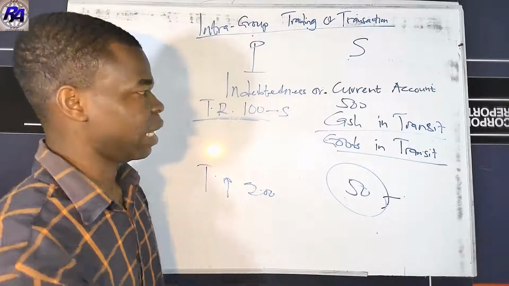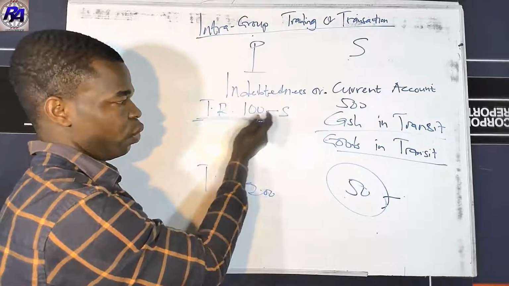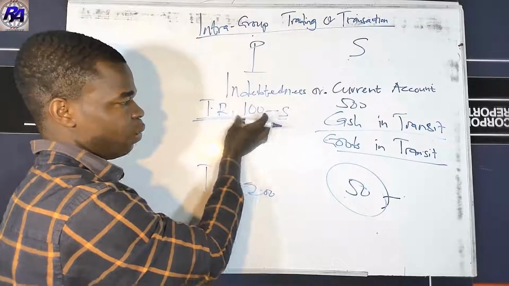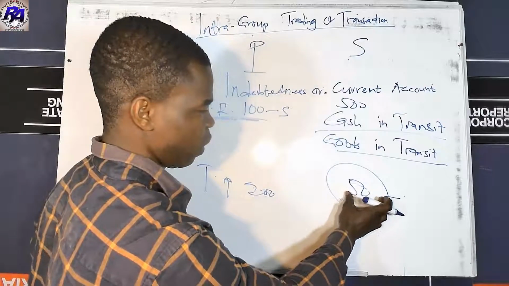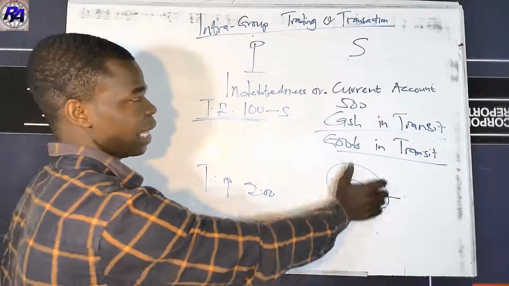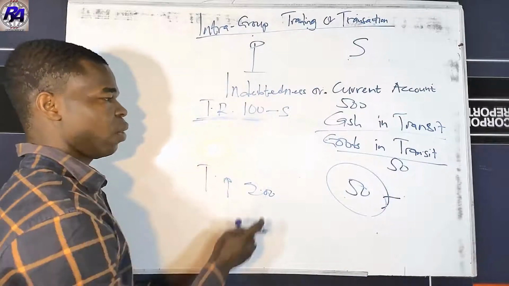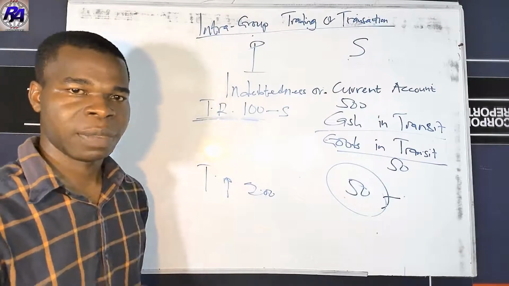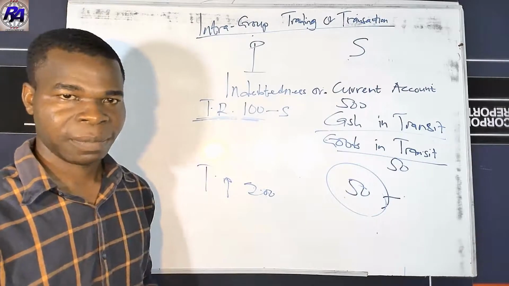So like I said earlier, assuming that X is owing P, so it's in the receivable, we know that we are going to receive an amount of 100 cedis from X. But when you come here, the amount should also be 100, but here it ends up being 50. That means probably X has transferred 50, which has not gotten to P on the day they are preparing the account, and if that happens, there is a need for an adjustment.